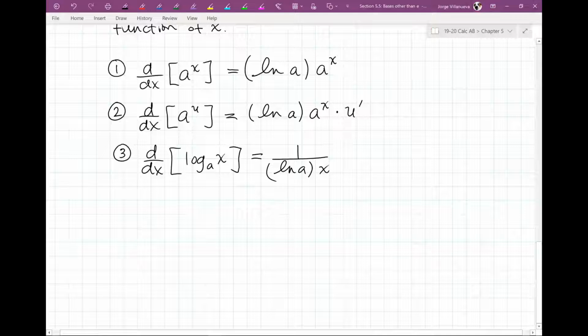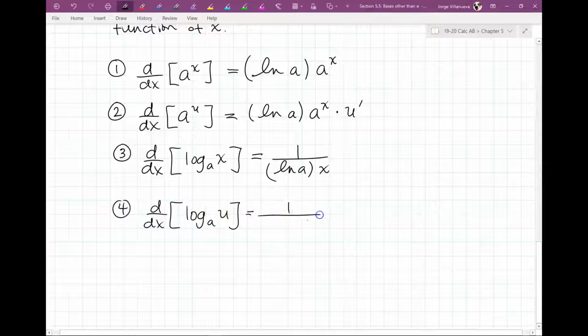And then, of course, they're going to have log base a of u, just in case you have to do something else other than an x inside of that log. So d dx of log base a of u will be 1 over ln of a times u, times u prime.